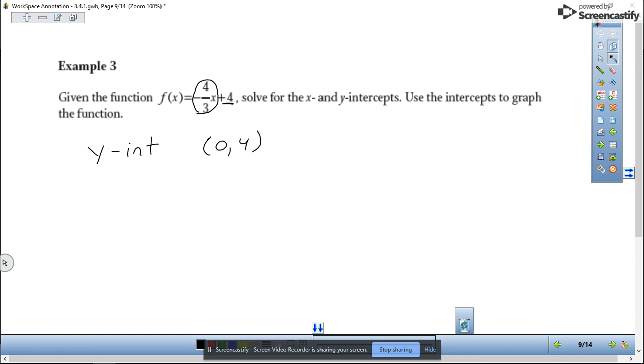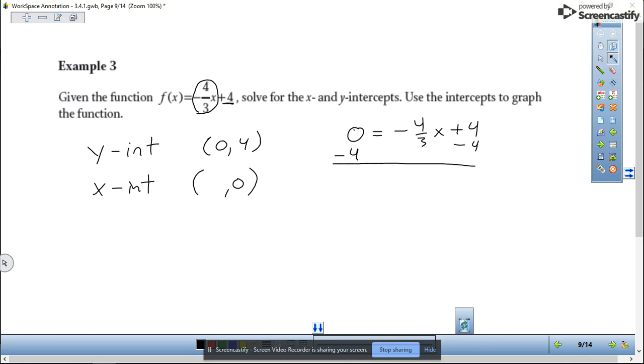To find my x-intercept, I need to plug in 0 here. That is 0 equals negative 4/3 x plus 4. So we can subtract 4. Negative 4 equals negative 4/3 x.